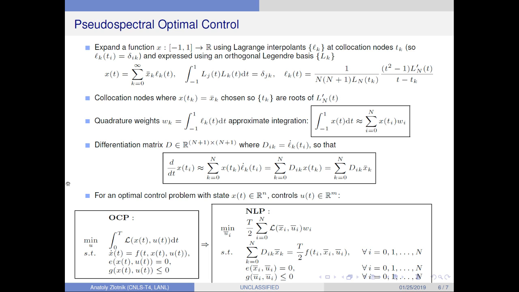So while there is some complicated machinery to generate the scheme and to prove the order of approximation and convergence, application of this method is relatively straightforward.